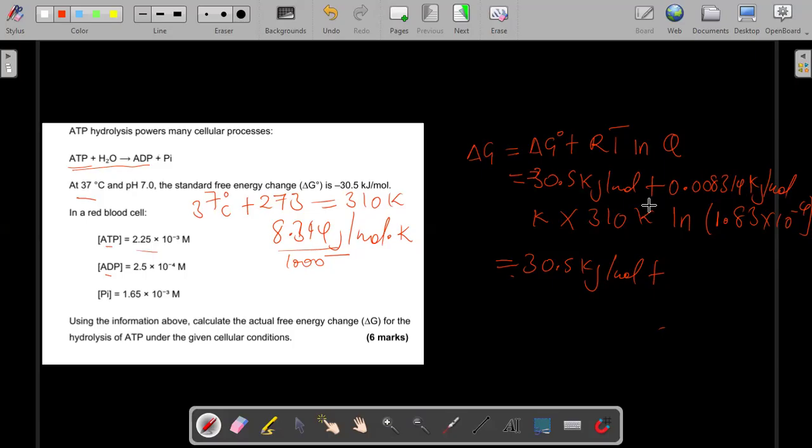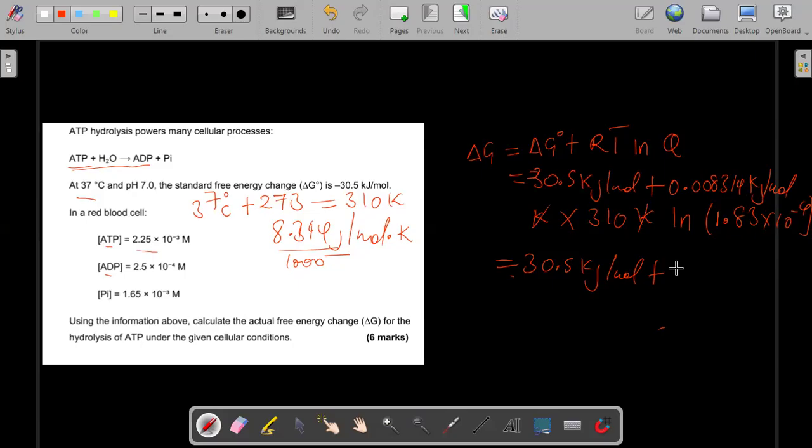Notice that we're having Kelvin here and we're having per Kelvin there, so these two can cancel. So we remain with just kilojoules per mole there. Even here we're having kilojoules per mole, isn't it? So that is also helping us to know the final units that we're going to get. That's the reason why I said make sure you work with uniform units.